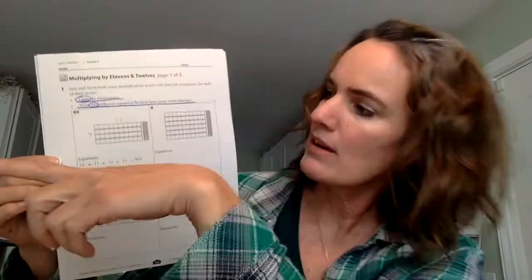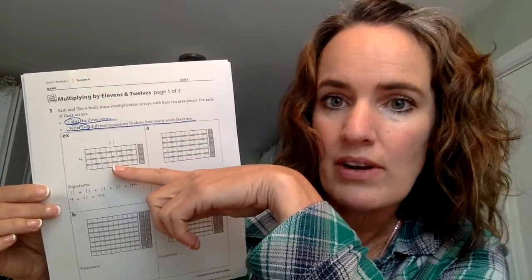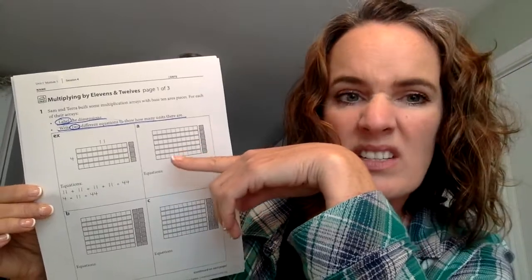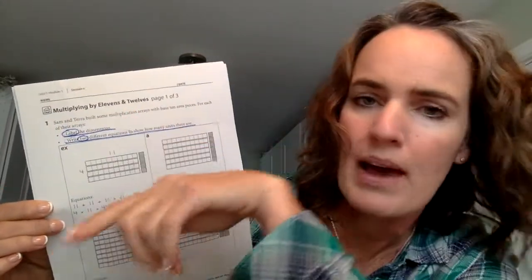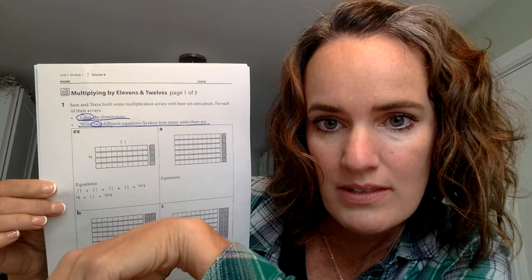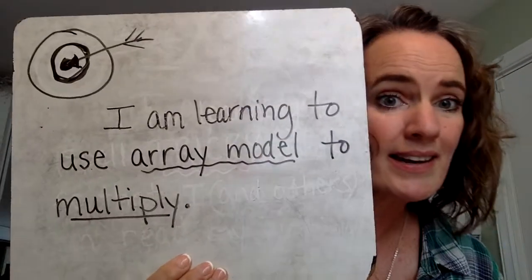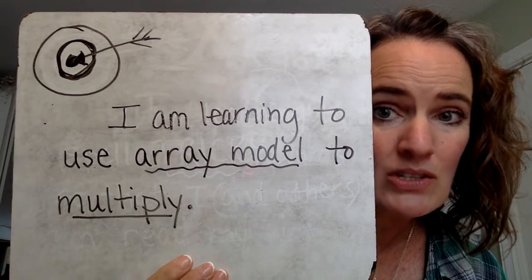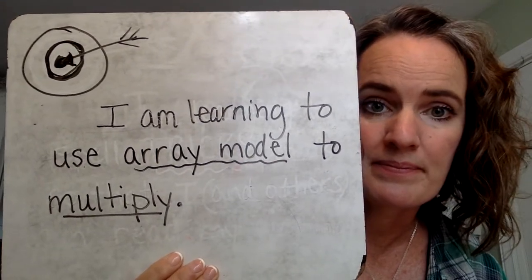You can see that we're going to look at using area models or arrays to help us figure out how to multiply by 11's and 12's. So today, we are learning to use array models to multiply. Now, your parents might not have grown up using arrays.